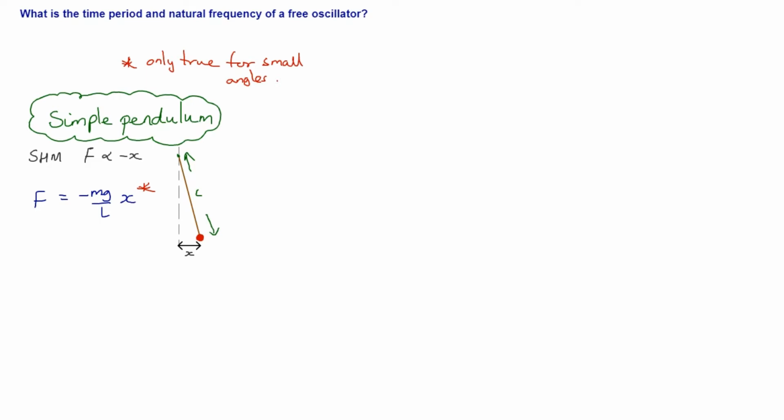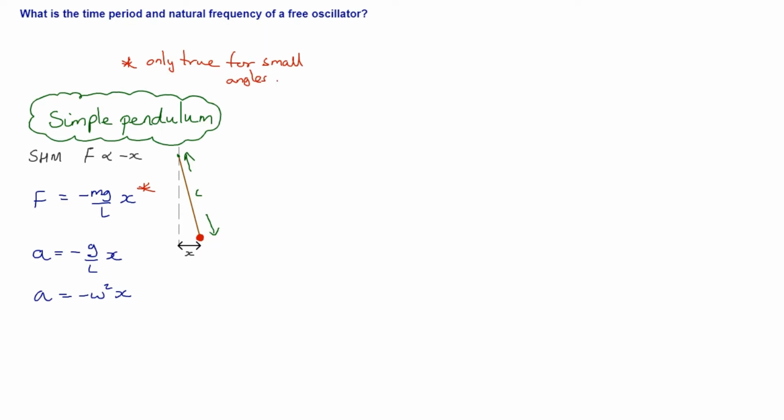Okay, if that's the force, then we can write down an expression for the acceleration, because a is F over m. So we divide through by m and we get a equals minus g over L times x. Because it's a simple harmonic oscillator, we know that a is also minus omega squared x, where omega is the angular frequency.